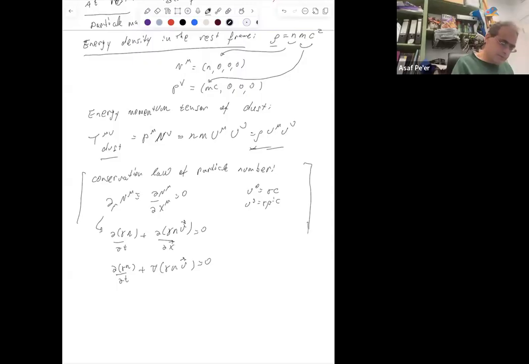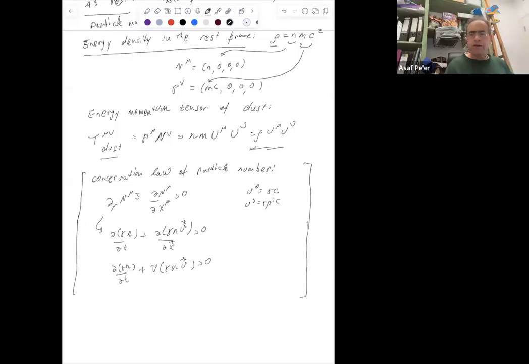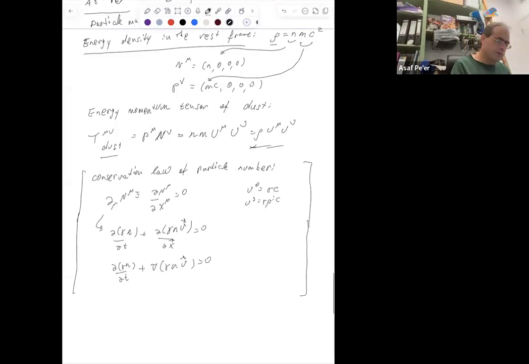And this is the relativistic generalization of the continuity equation.